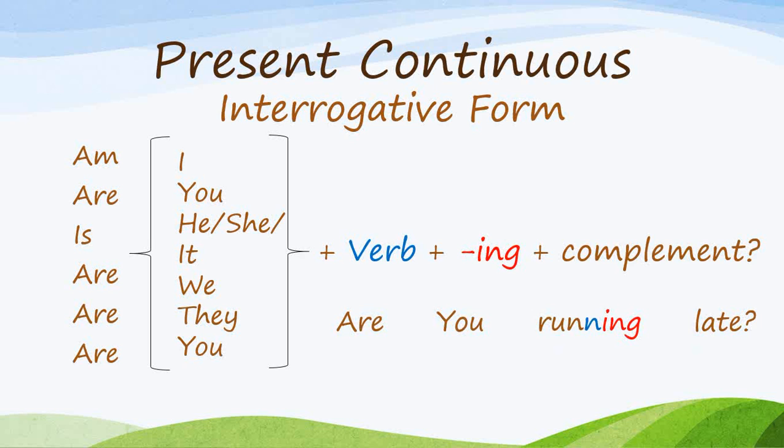For example, are you running late? As we can see, we switch the places of the subject and the verb to be. We put in first place the verb to be, and then we have to write the subject. This is just for the interrogative form.